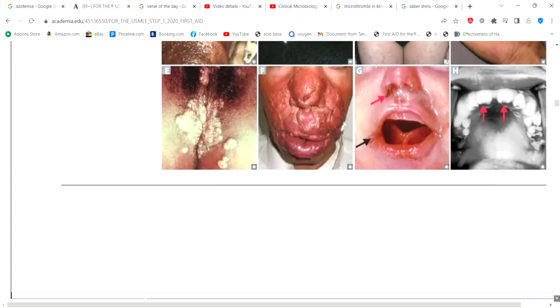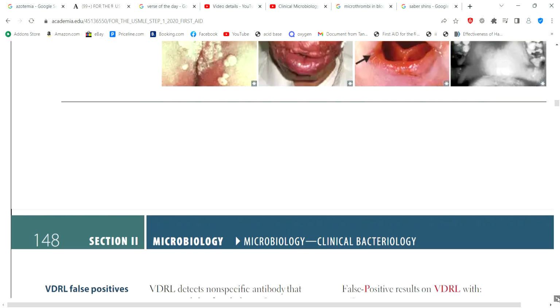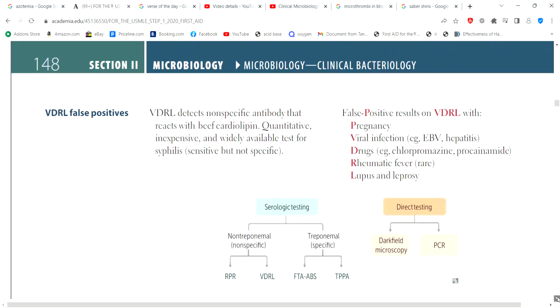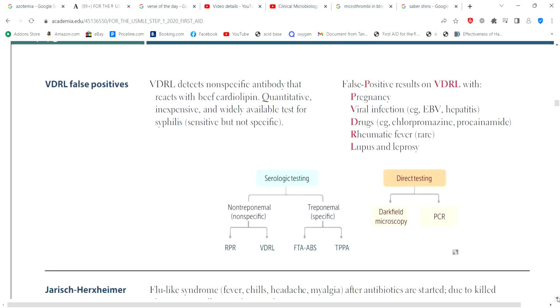Okay, next. VDRL false positives. VDRL detects non-specific antibody that reacts with beef cardiolipin.